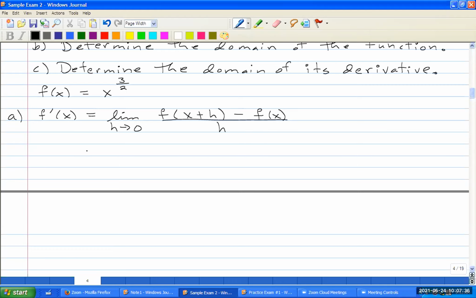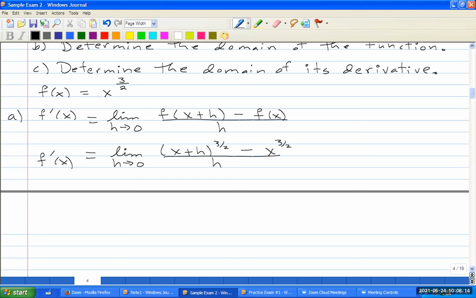And so, in particular, it is the limit as h approaches 0 of x plus h to the 3/2 minus x to the 3/2 all over h.